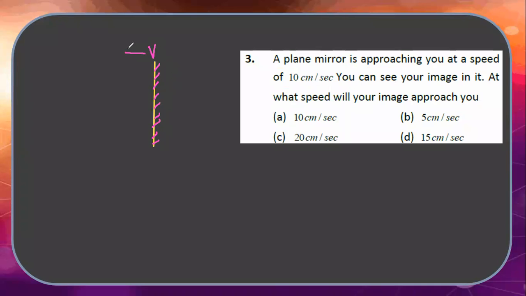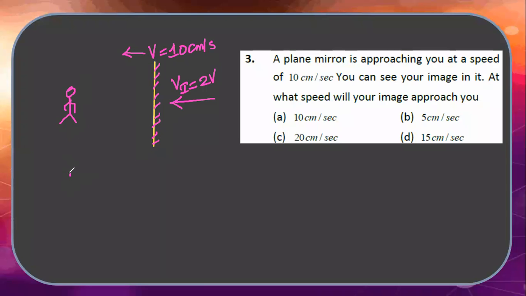So the velocity of the mirror is taken as v. We are in front of the mirror and we can see our image in it. If the mirror is approaching us with a velocity of 10 centimeters per second, the image approaches with a velocity of 2v, 2 times the velocity of the mirror.